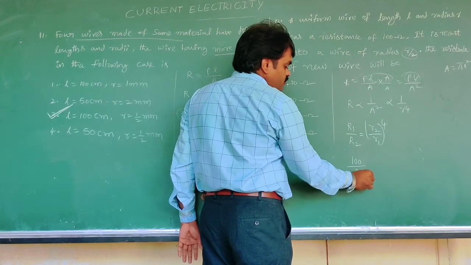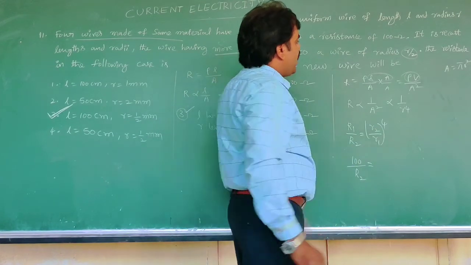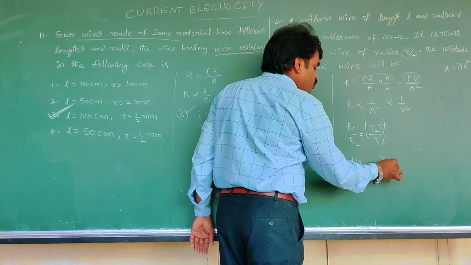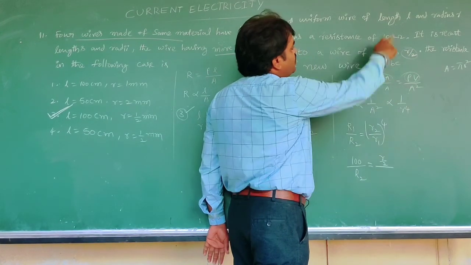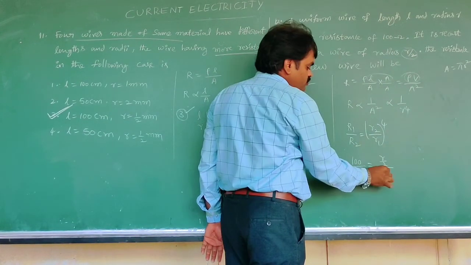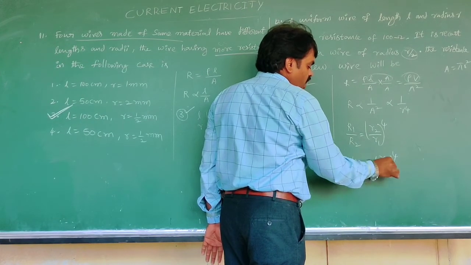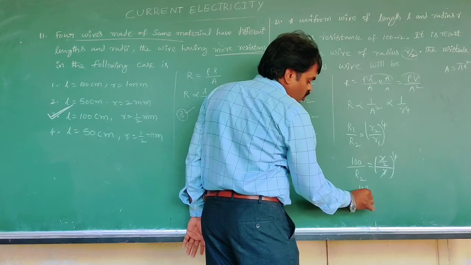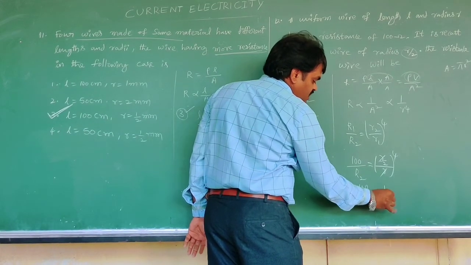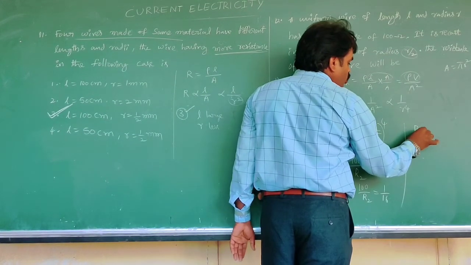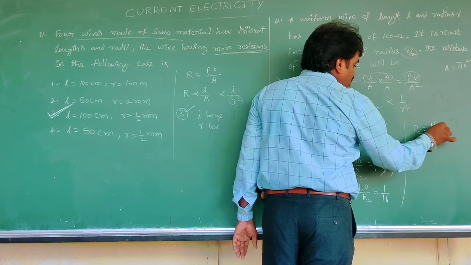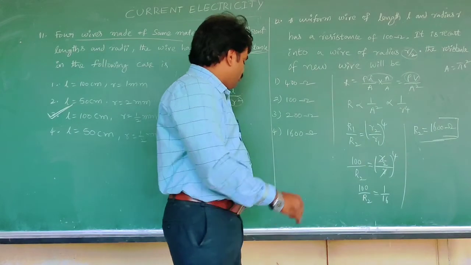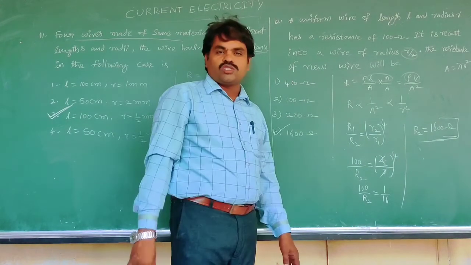R2 we have to find. The radius of the second wire is R by 2, so it is R by 2 over the initial radius R, whole power of 4. Cancel. That is 100 by R2 is equal to 1 by 16. Then R2 is equal to 1600 ohms. Now the fourth option is the correct answer.